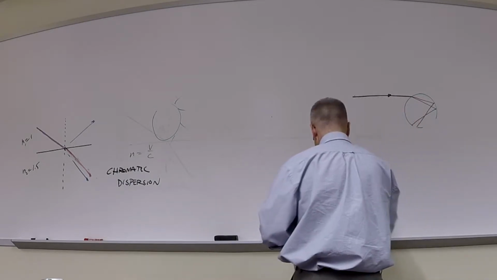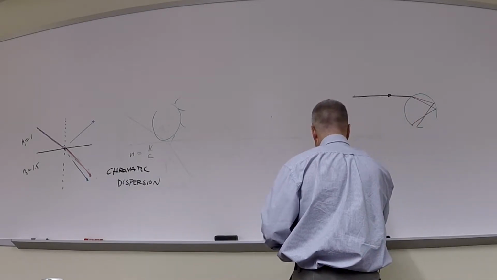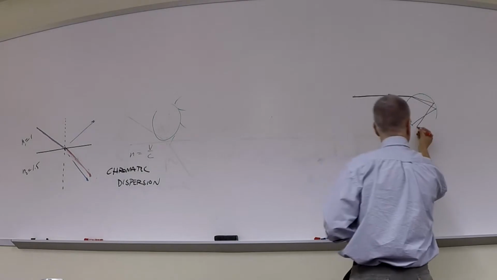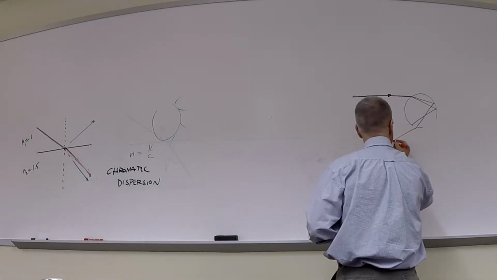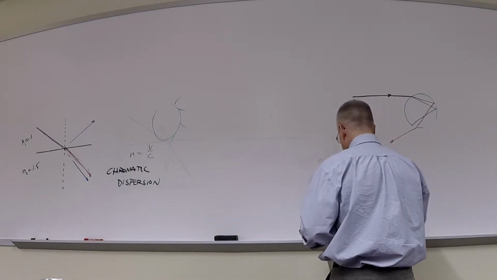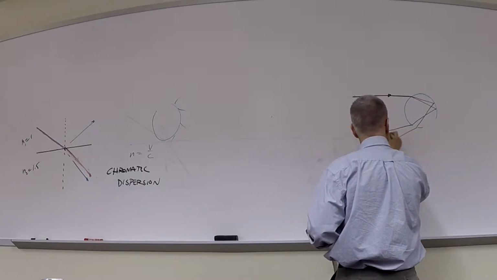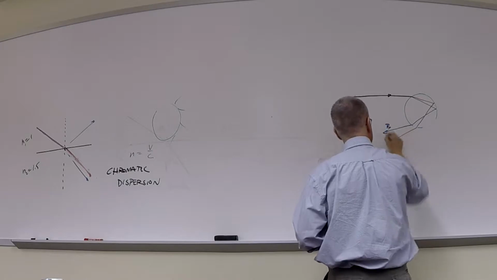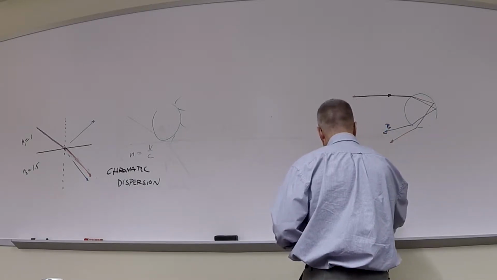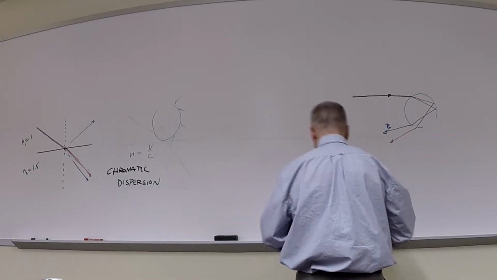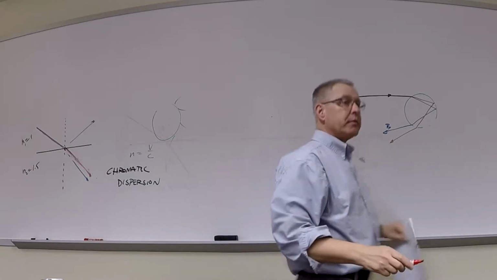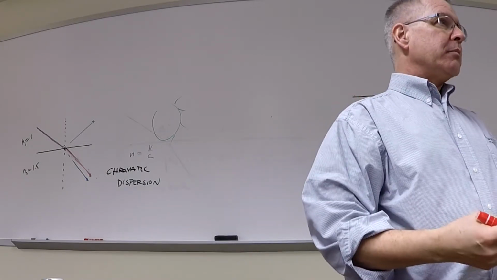Then the light hits another interface, so the light's going to bend some more. But notice what we've got is chromatic dispersion. And I should have mentioned this the other day. We talked about that Roy G. Biv, and you learn red, orange, yellow, green, blue, indigo, violet.